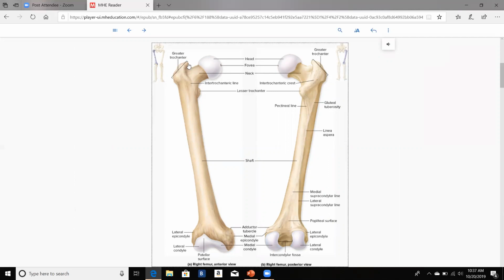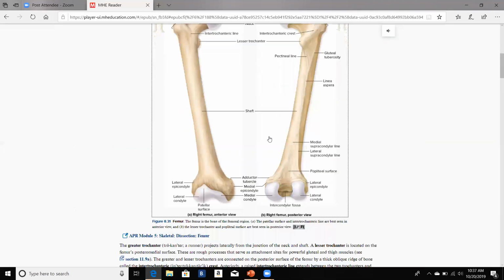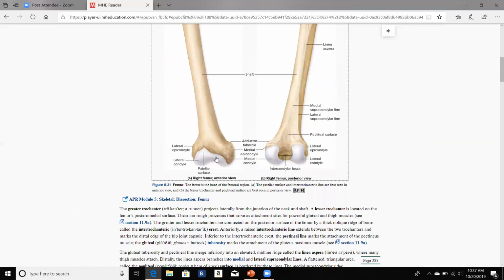The other structure you need to know is this greater trochanter. Okay. And then make sure you know your medial condyle, lateral condyle, and your medial epicondyle and your lateral epicondyle. These condyles are important for articulating with the tibia.